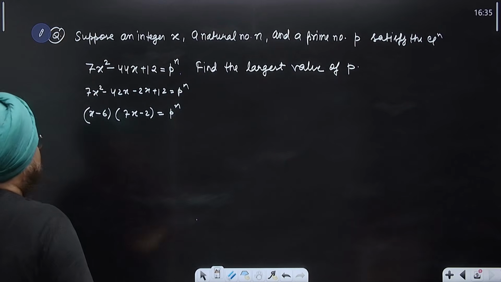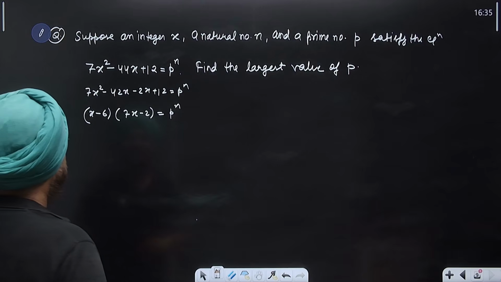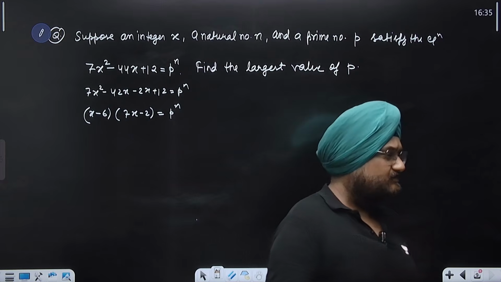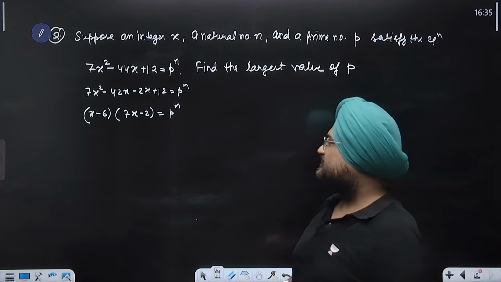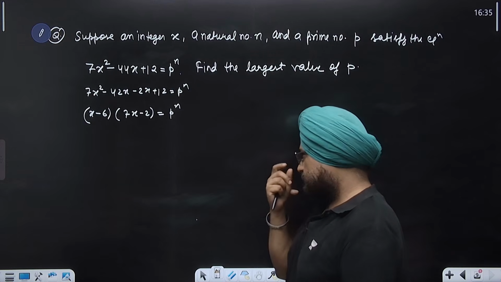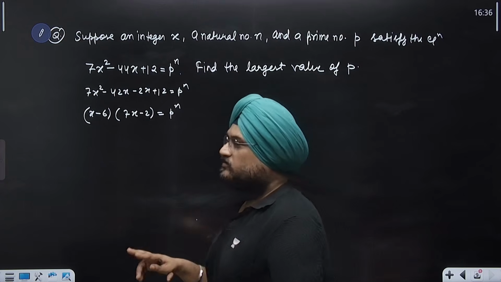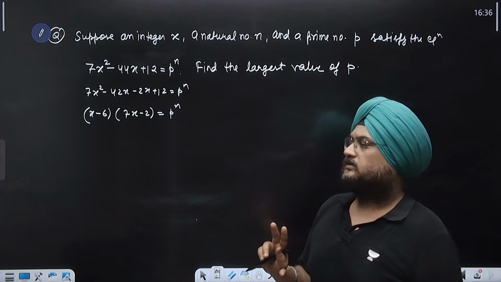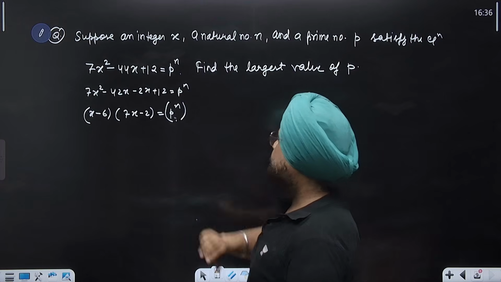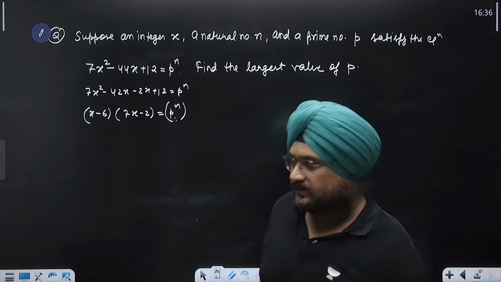Now, both of these numbers, x − 6 and 7x − 2, are not necessarily prime numbers. The product of two numbers is p to the power n, but it is not necessarily a prime number.